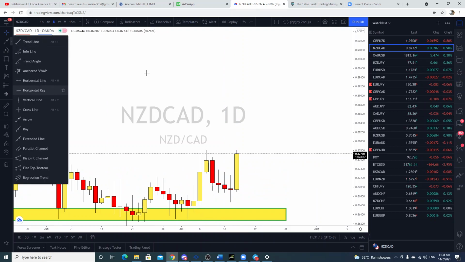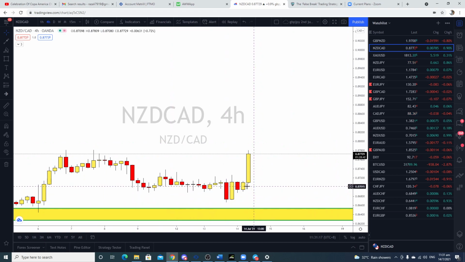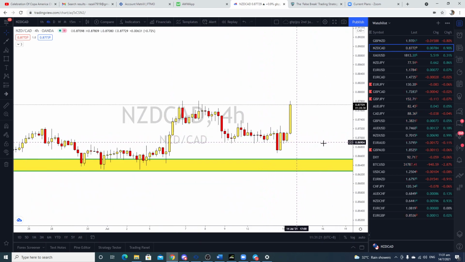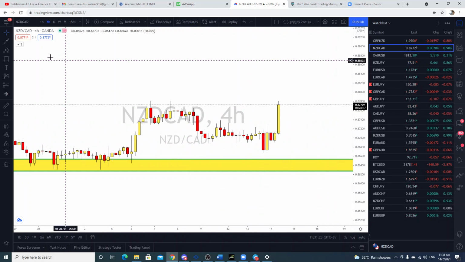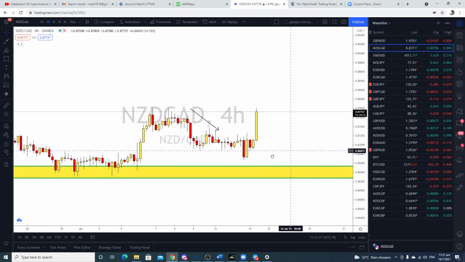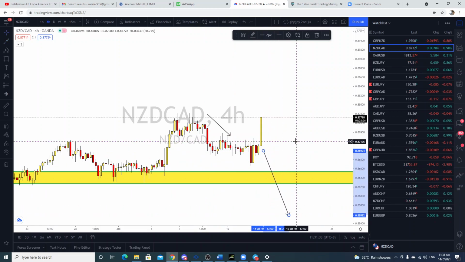Okay, so we will look from here based on the 4 hour inside bar here. This inside bar is a good one for reversal. Before this inside bar on the 4 hour alone, price is making a downtrend. So if this inside bar is going to continue this downtrend, it needs to break this.